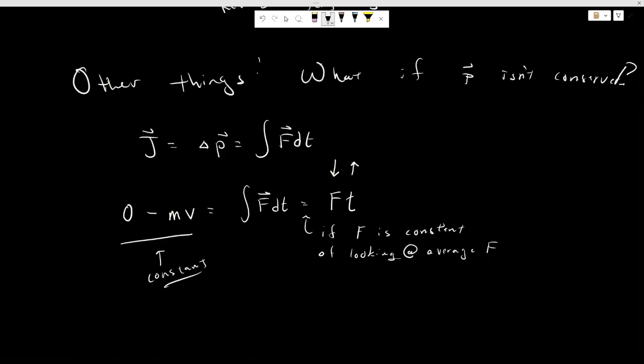So if your car doesn't crumple, then the time is much shorter for the collision. It will just stop. It has no give. It has no extended time of force application, and therefore it just stops. And if it does that, your force goes way up.